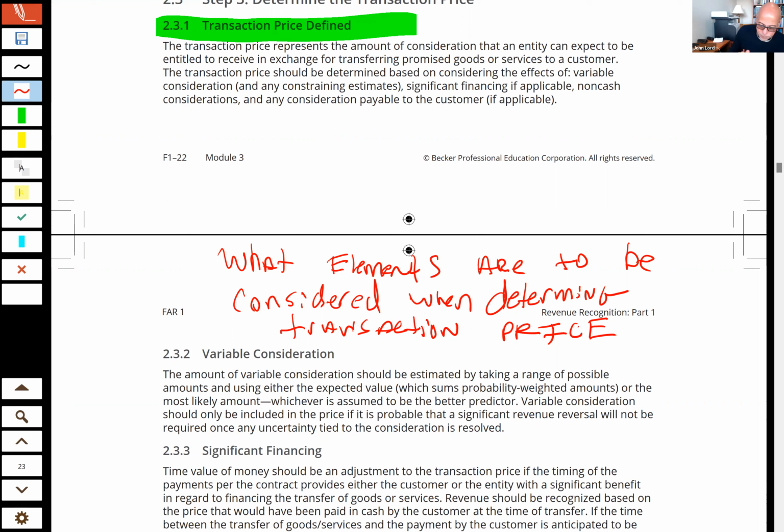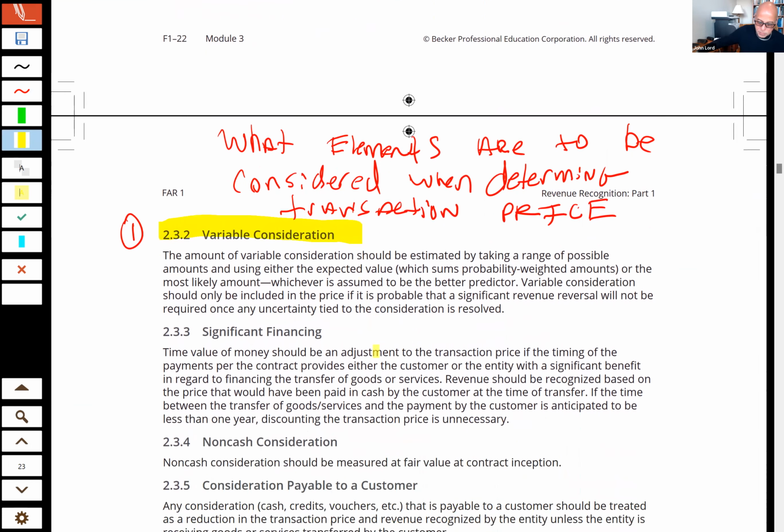Okay, and there are 4 of them. One is there variable consideration? I'm going to come back and talk more about some of these in a minute. Is there significant financing? Is there non-cash consideration? Well, I don't know why that wouldn't be 3.